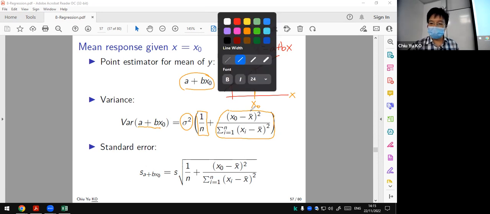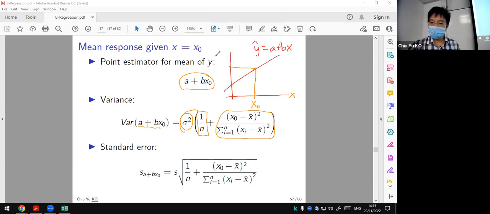I think it shouldn't surprise you. We have this term, because the higher the variance, the higher the variation. And when you have more samples, this one gets smaller. Similarly, if data are concentrated at the center of X, this one gets bigger.